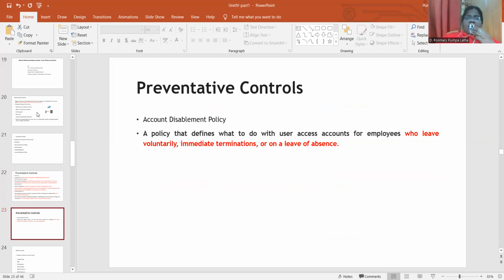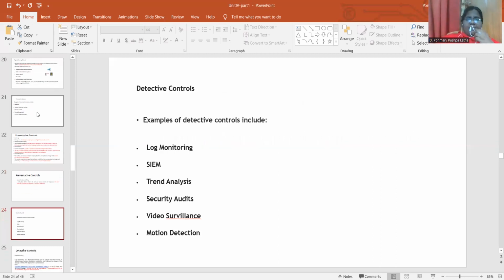And for account disablement policies, if a person leaves the organization, we decide who is going to take care of the task and to whom we can give the rights to use the system.